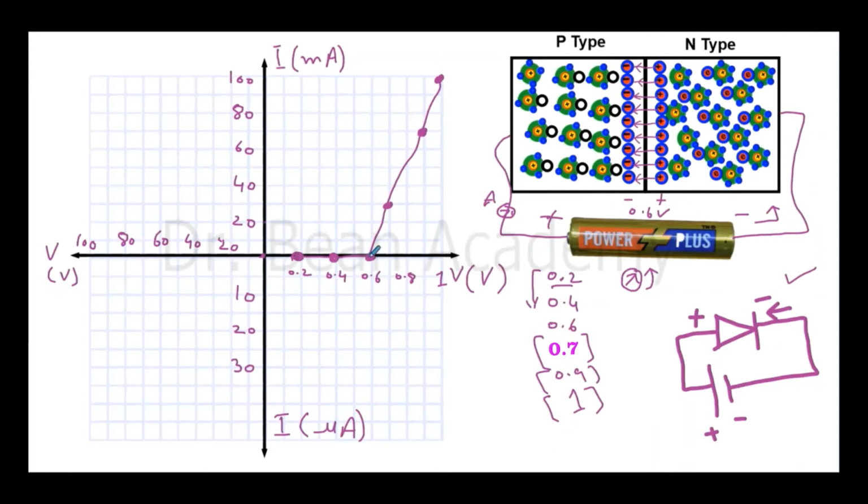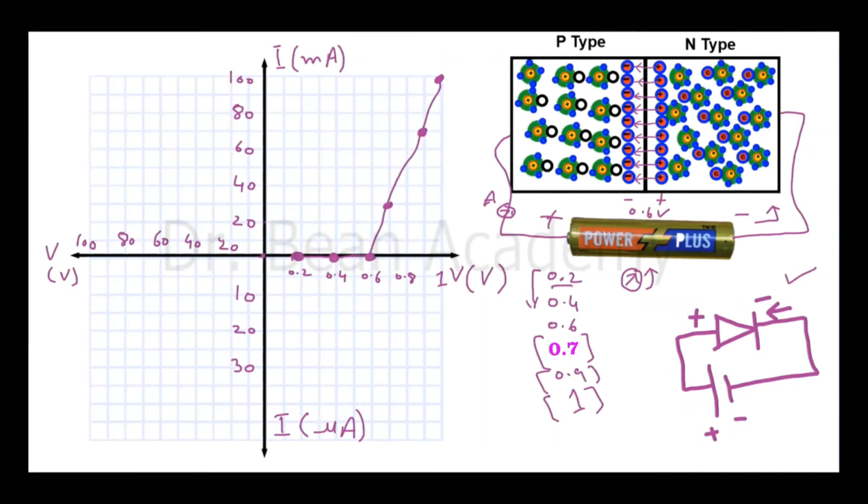The total length along the voltage axis will be shorter. If, for example, the threshold value is 0.3 or 0.4, then of course we will see the rise in the current at that point. So every PN junction will have its own voltage and current characteristics, which we can always draw by doing the experiments. So this was all about the forward bias, and we see that it allows the flow of current.